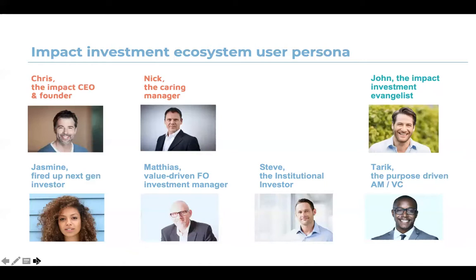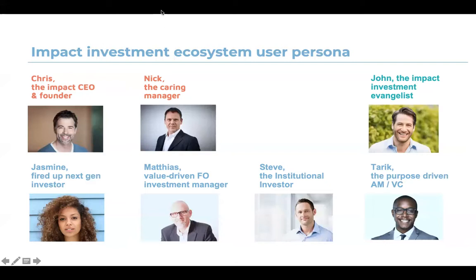So this is the overview of the 7 personas we created for EthicalFin. We have 2 entrepreneurs with different levels of maturity on their managerial journey, and also different levels of impact leadership. On the investor side, we also have a diversity of backgrounds and needs with those 4 personas.